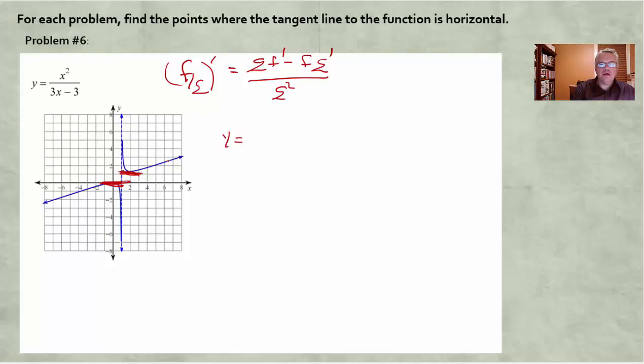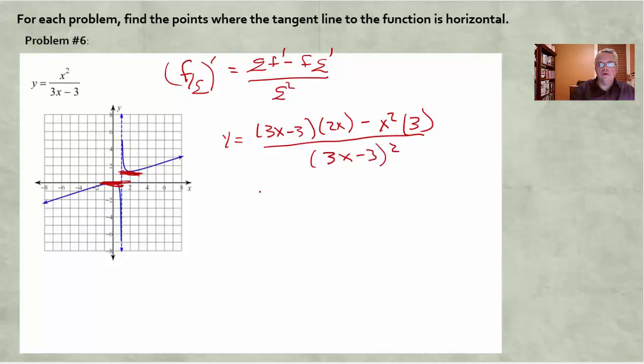So y equals g, which would be 3x minus 3, times f prime, 2x, minus f times g prime, all divided by g squared. Okay, so that's y prime.